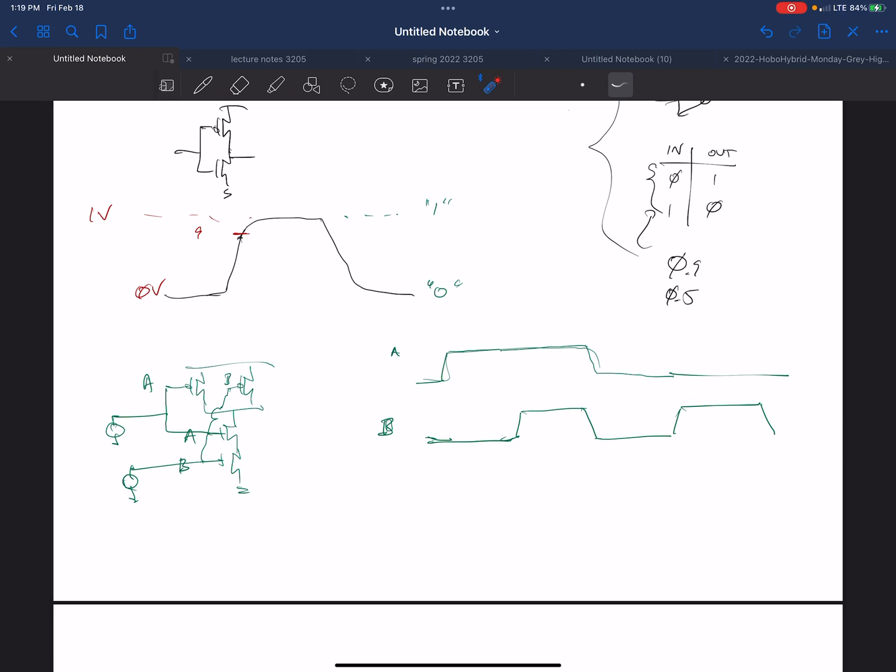This is just a stupid way of doing it. You have them both start at the same time, and you have B pulsing at twice the rate. Then you can end up with 1, 0, 1, 1, 0, 0, 0, 1. And then you look at what the output does.